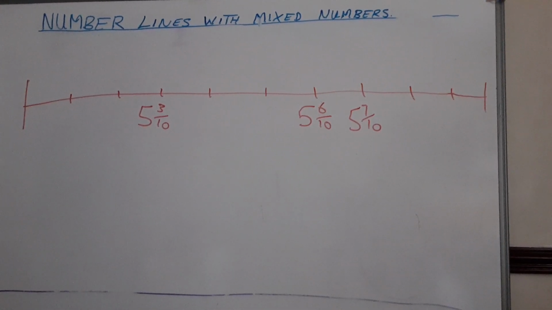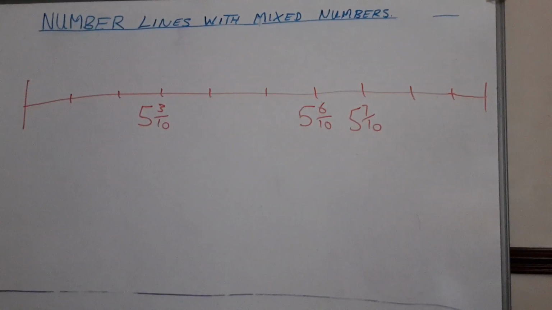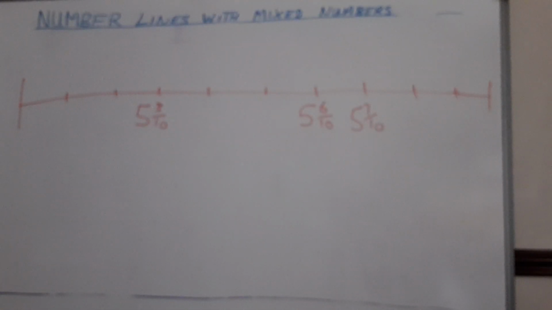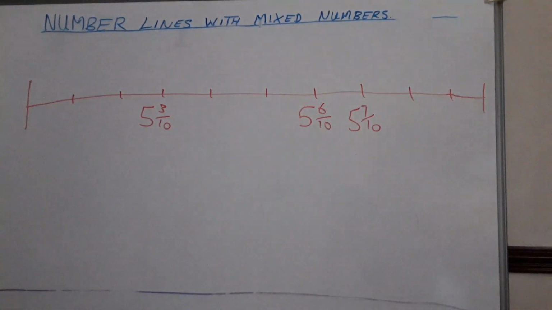Well, let's work out this example as well. We are told to complete these number lines. We have some mixed numbers on the number line already, and we are told to complete the rest. It's the same rules. First, we have to find the difference, but since it's not written, sometimes it might be confusing, but it shouldn't confuse you.